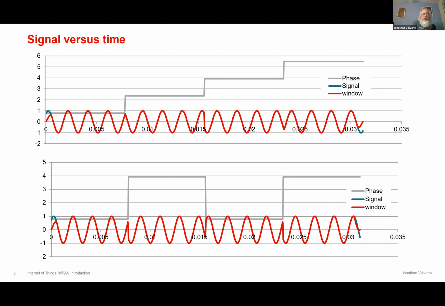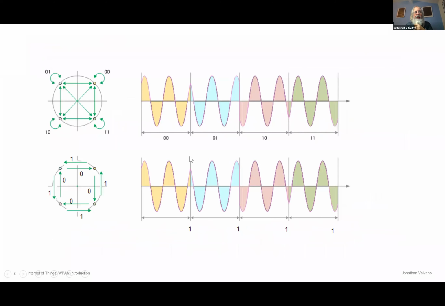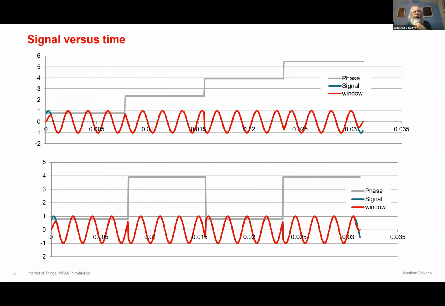If you saw this picture, and obviously I created it in Excel, it looks a lot like this picture, but it is fundamentally wrong because, as you know, the frequency here is 500 megahertz or 800 megahertz or whatever, but the symbol rate is closer to a megahertz.